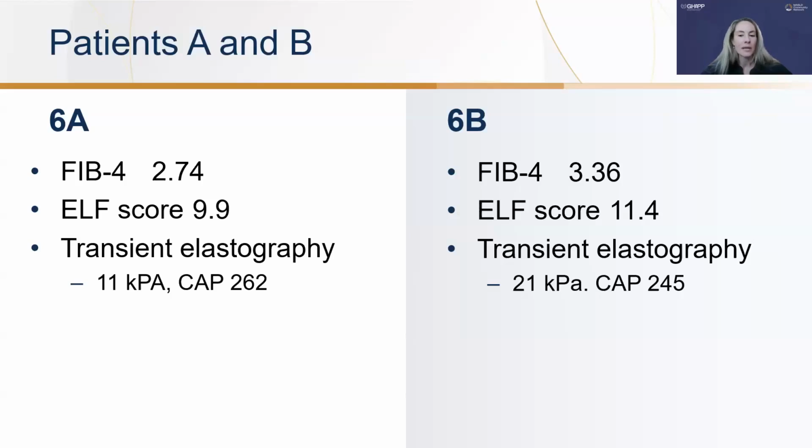In one case, it suggested F3, and the second case, it suggested F4. And the ELF score correlated nicely in both cases. I think this is an example of where an ELF score might be really helpful just to support your findings with your FibroScan. And again, I don't use the ELF score a lot just because we're worried about insurance coverage with it, but this is a good example of where it could be used to really support your findings.